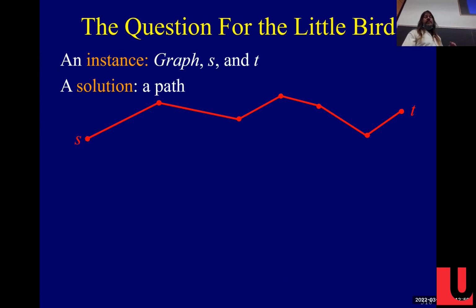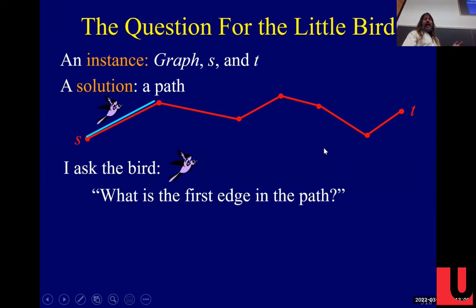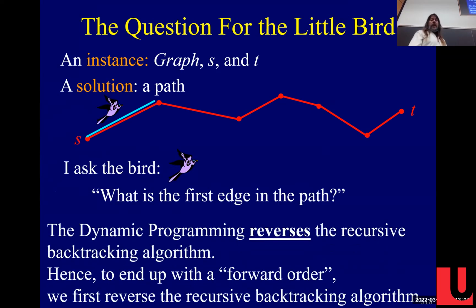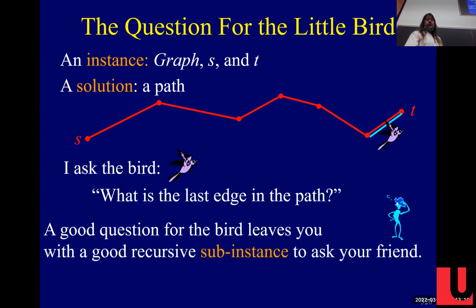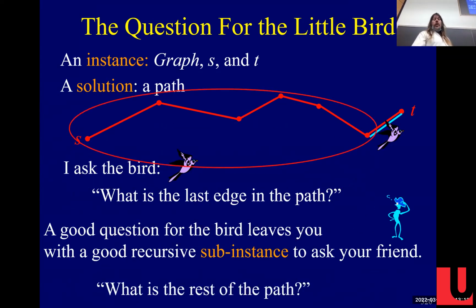If my solution is a path, then I could ask the bird about the first edge. But we tend to flip it around, so we really ask her about the last edge. And then what I ask my friend is for the rest of the solution.